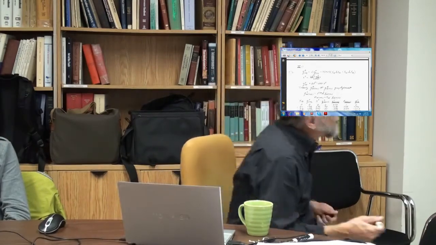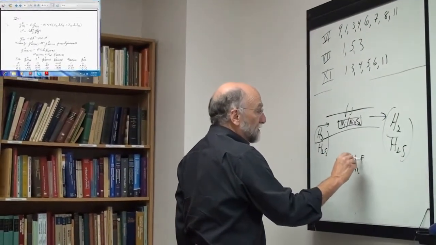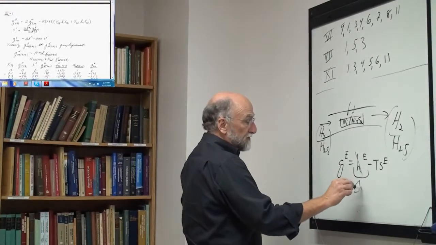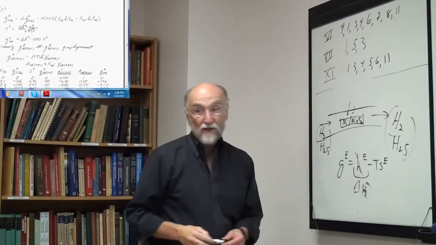I can calculate the excess entropy then as the difference between the heat of mixing and the excess Gibbs energy. The excess Gibbs energy is equal to the excess enthalpy minus T times the excess entropy, and the excess enthalpy is the same thing as the heat of mixing because the ideal heat is 0.